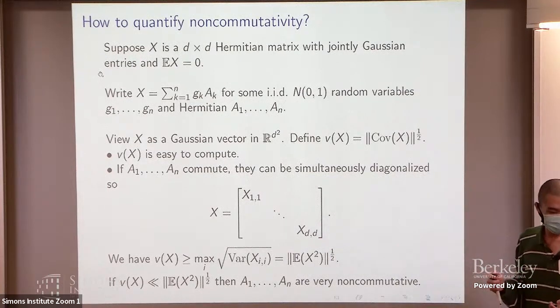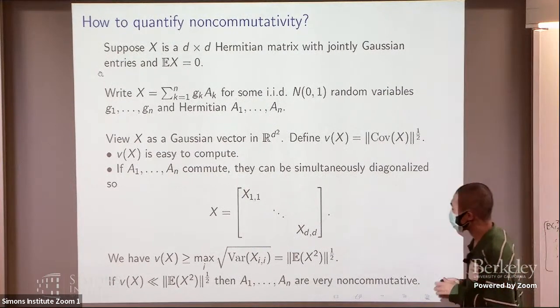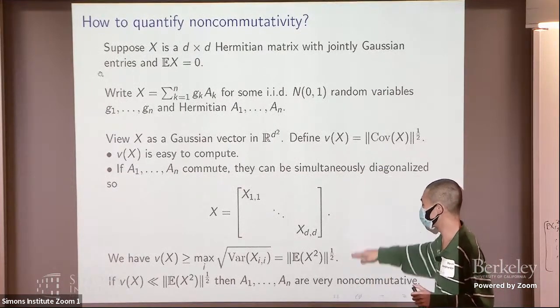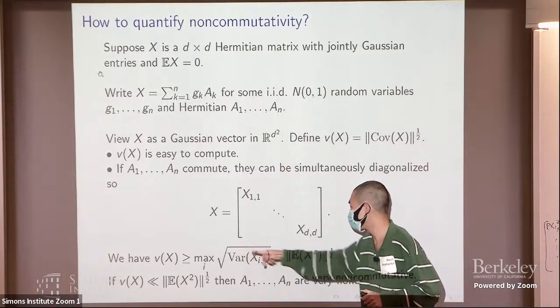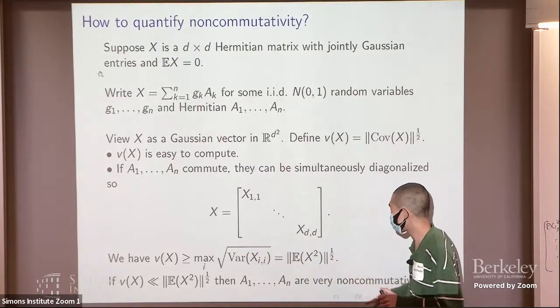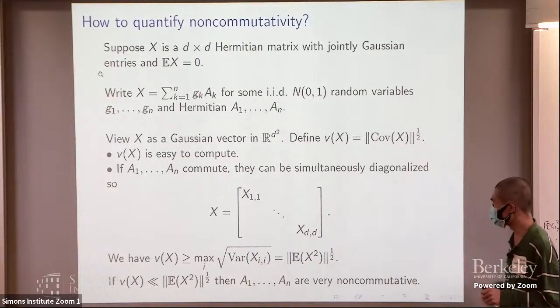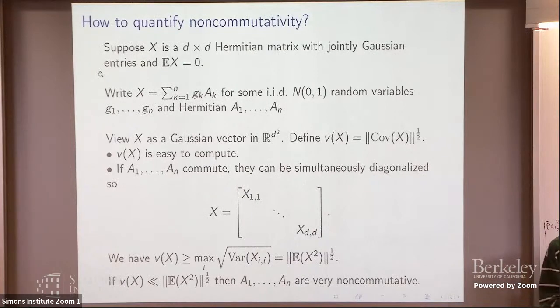That means by contrapositive, if the covariance norm is much less than this, then they are very non-commuting. If they're very non-commuting, as Tropp suggests, then we can remove the square root log d factor.